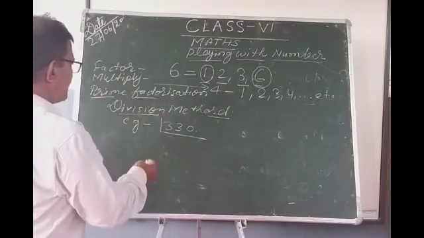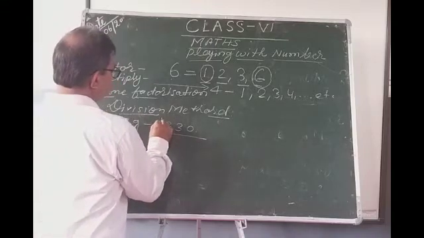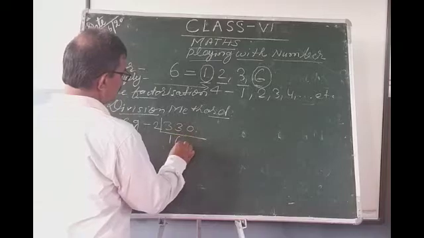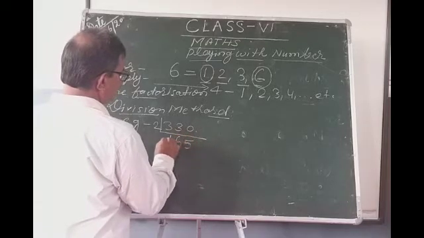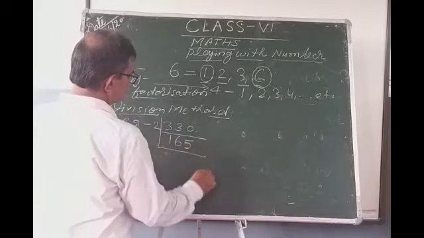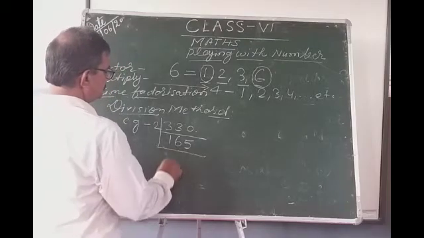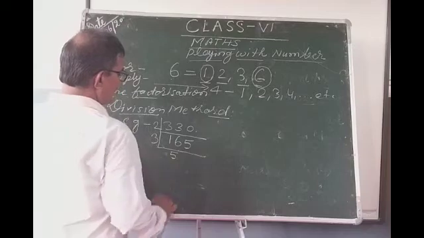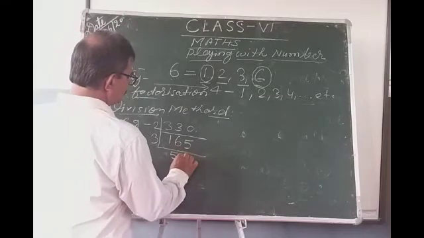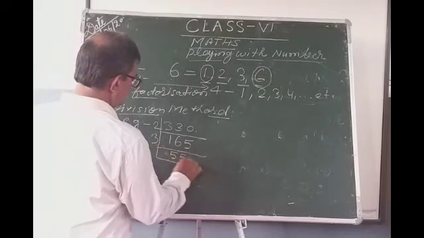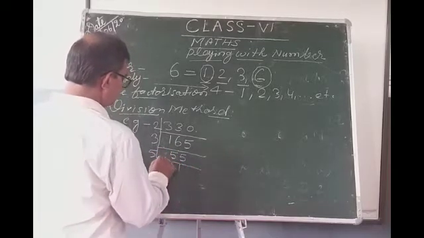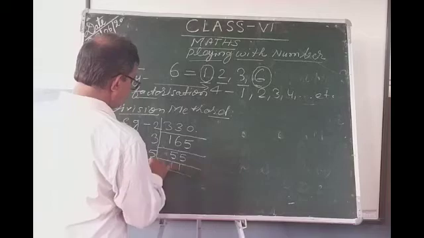This is the division method. 2 ones are 2, 2 sixes are 12, 2 fives are 10. 3 fives are 15. 5 elevens are 55, 11 ones are 11.